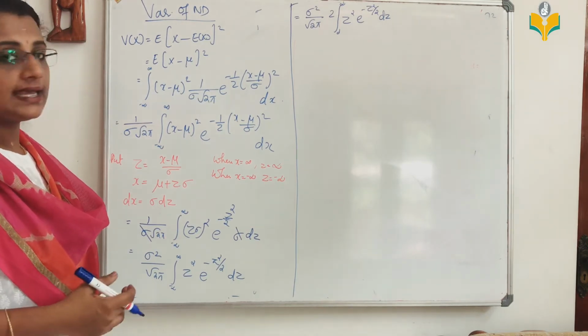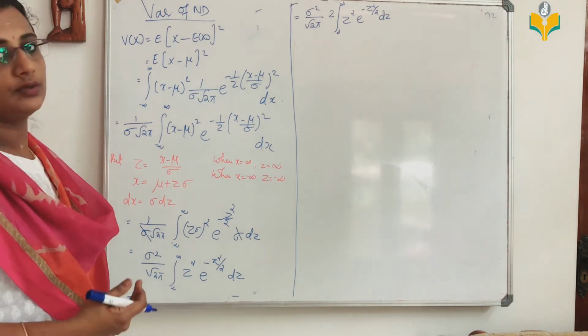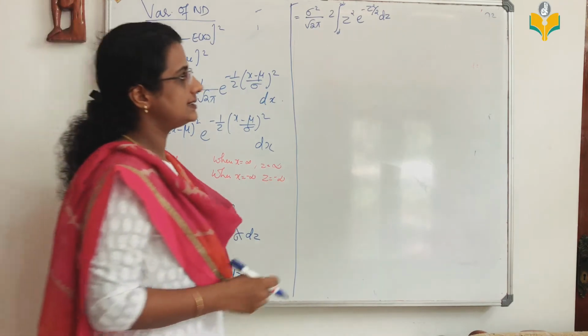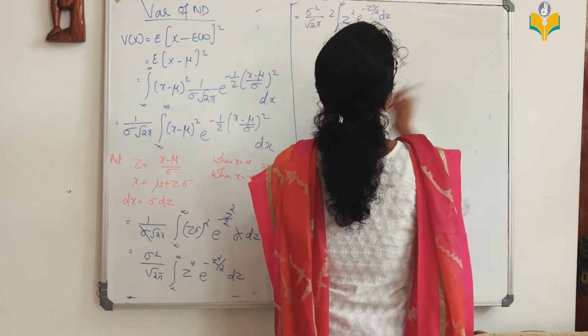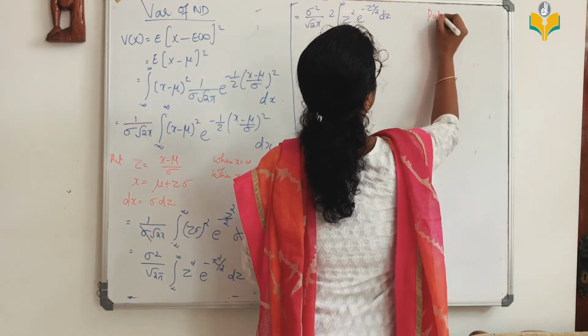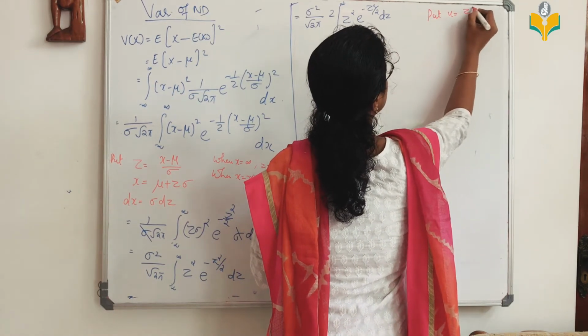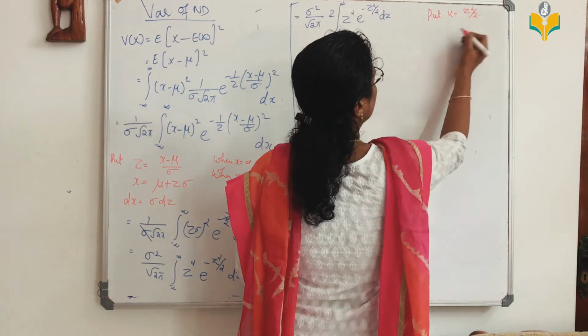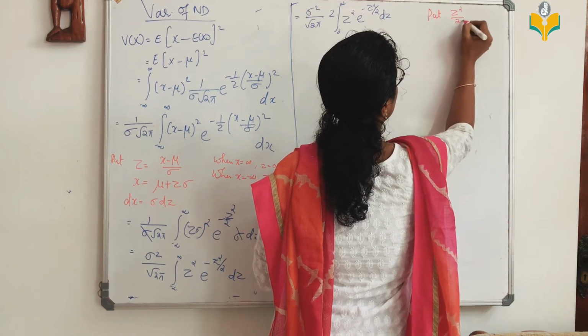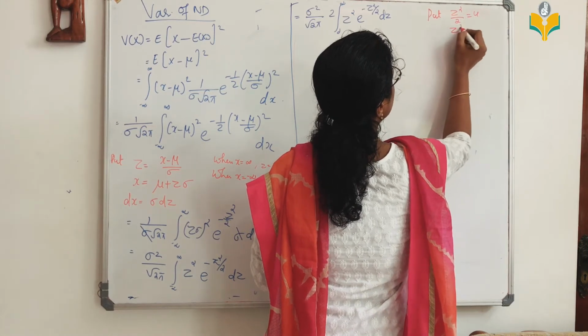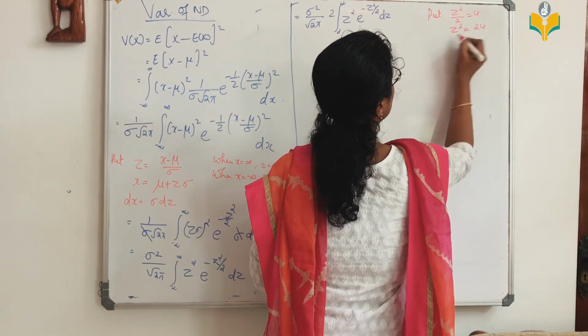For the easy calculation, we want to substitute for e raised to minus z square by 2. That is, put u equal to z square by 2. Okay, that is z square by 2 equal to u. Then z square will equal 2u.